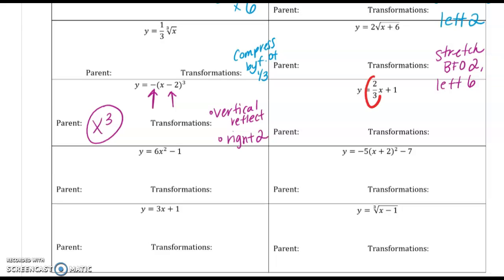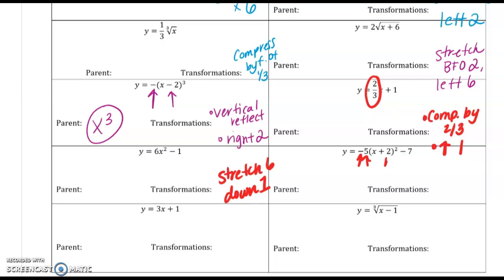All right, since this number is less than 1, it's going to be a compression by a factor of 2/3. And then it's also going to go up 1. Here it's going to be a stretch by 6. And it's going to go down 1. This one has a lot. Look, there's 1, 2, 3, 4 transformations.